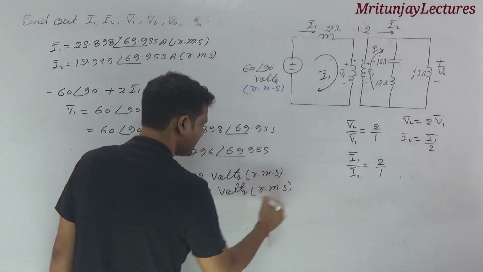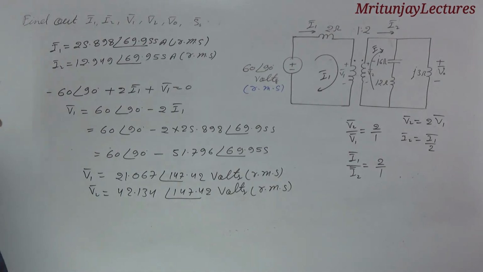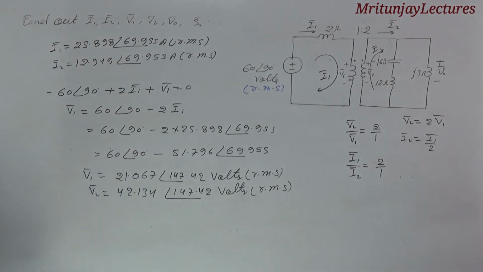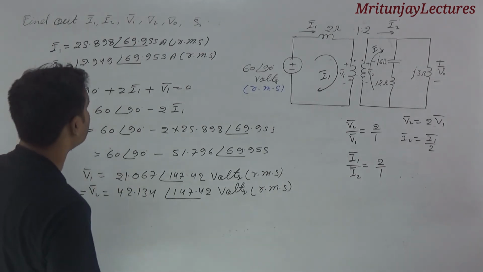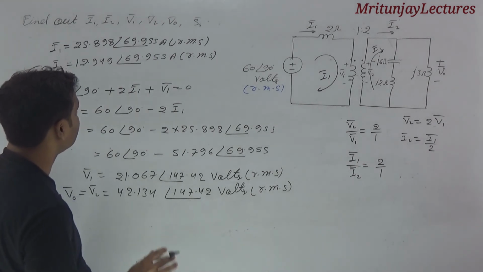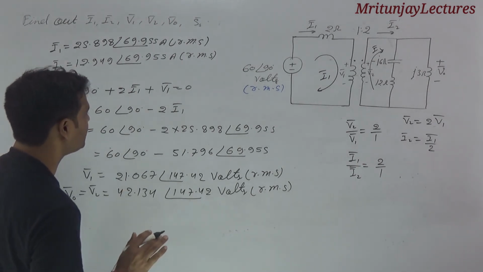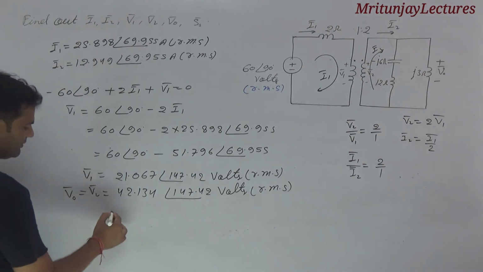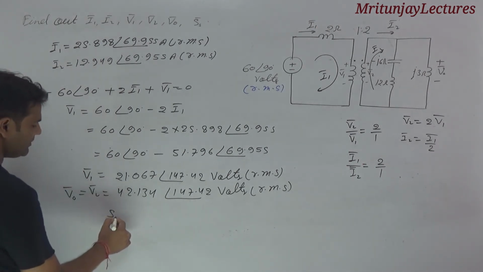Okay, V1 and V2. Clear? V2 and V0 are the same, that's why V0 is the same. So we have V1, I1, I2, V1, V2 and V0. It is clear?